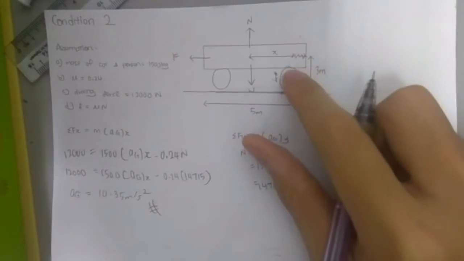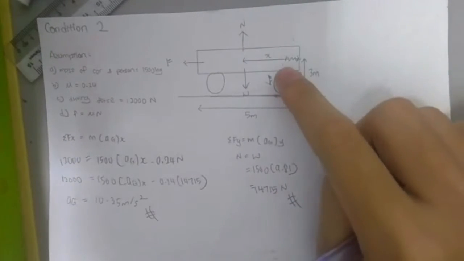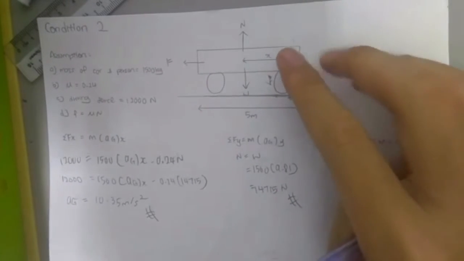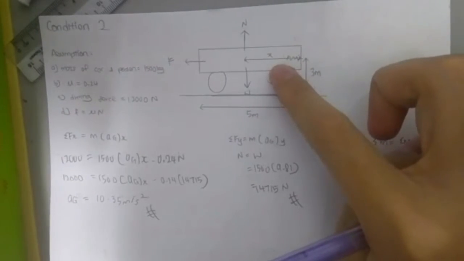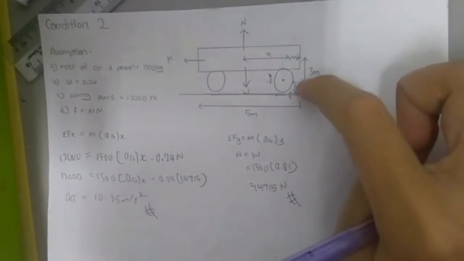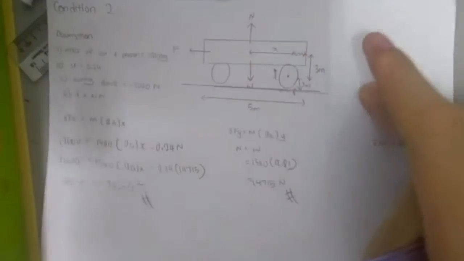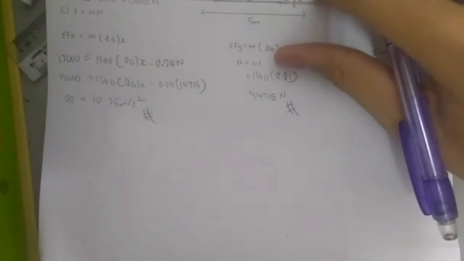If this distance is lower than 2.5, it means this car is slipping. And if the x is larger than 2.5, it means the car is not slipping. Okay, so now let's do this.